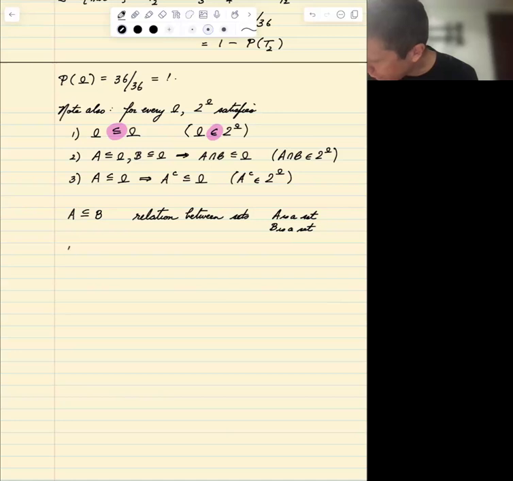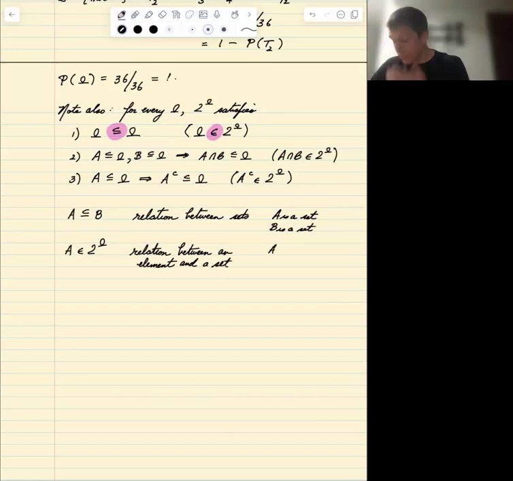When we write something like A is an element of the power set of omega, it is actually a relation between an element and the set. So in this expression, even though A in and of itself is a set, we're actually treating it as an element.